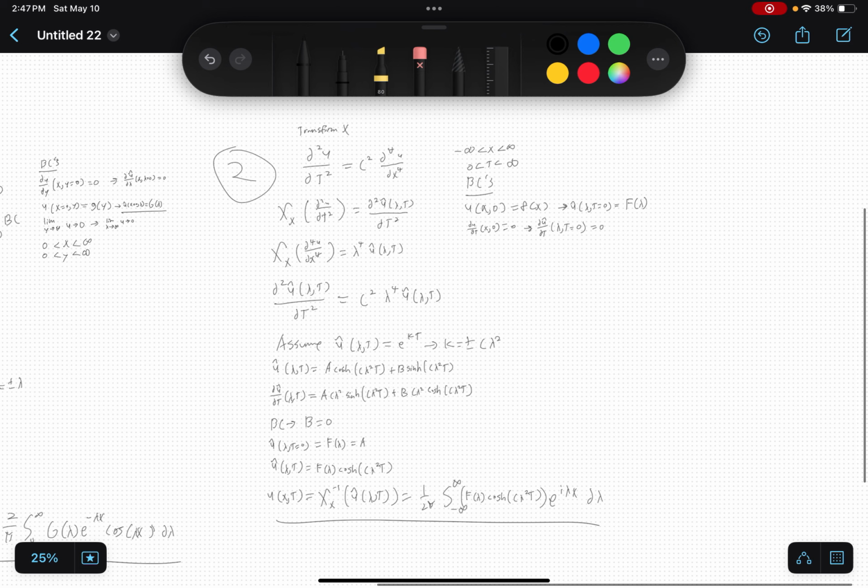Like, it's really not that bad. The hardest part is picking the transform. All right, should we do this one?